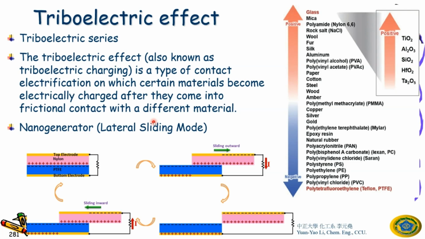And if you move these two objects, you can generate a very small power. This is what we call a nanogenerator. And this is a very important area of study nowadays because energy is very important. And why do we talk about this? Because I'm going to show you a triboelectric effect.